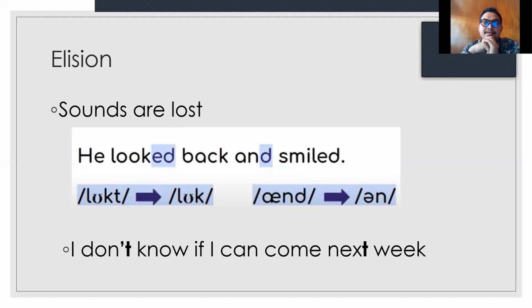There are some sounds that you can find missing or eliminated. For example, we have the ed sound and the d sound. For example, "he looked." Remember, the ed sound after the voiceless consonant k must be the sound t, right?